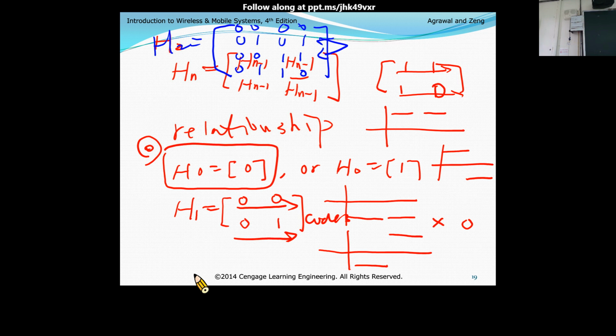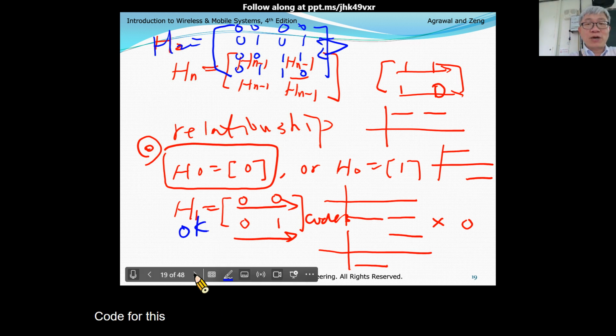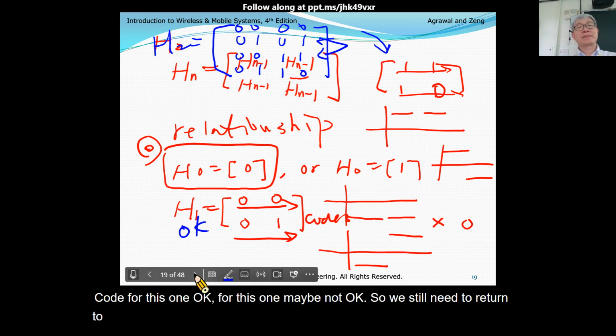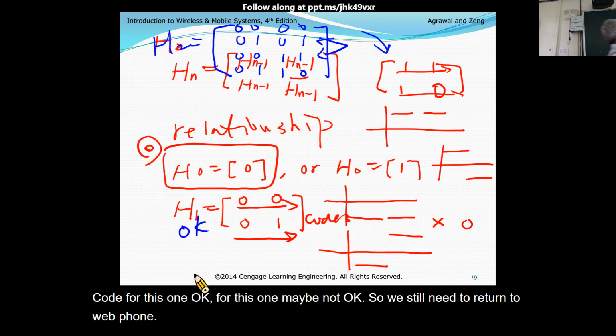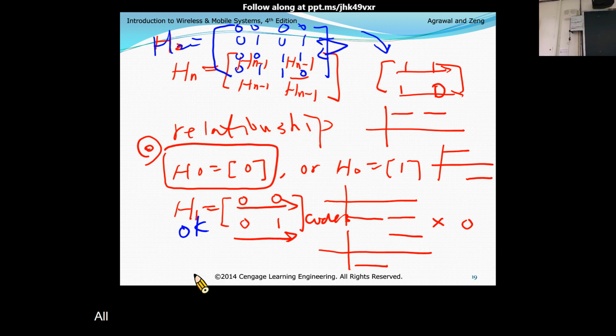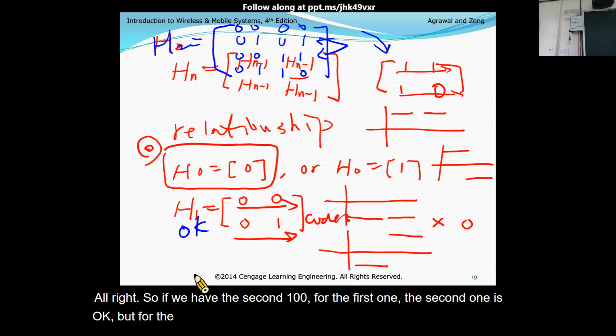Maybe here we still have the problem. So look at the code for this one, okay. For this one, maybe not. Okay, so we still need to return to the waveform. If we have 0, 0 for the first one, the second one is okay. But for the first one and the others, okay.